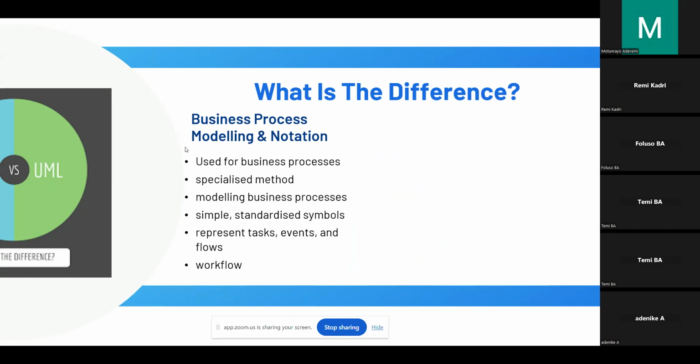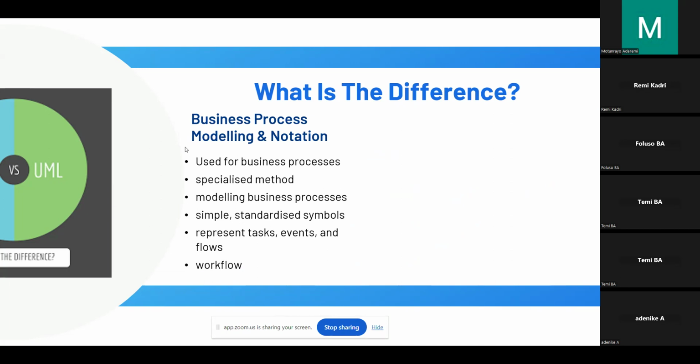So BPML, like I said, is used to capture business processes, is specialized. It has specific shapes that are used for specific tasks. So for example, if there's a data migration project and you want to say, okay, this is where the server is, there's a shape that is used to denote the server.